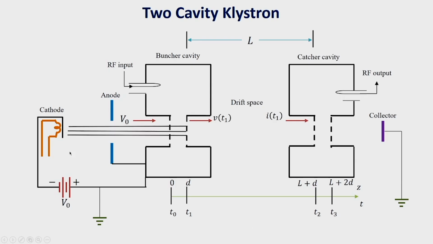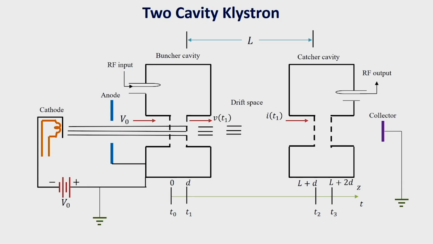The emitted electrons from the cathode come to the buncher cavity, and the RF input applied at the buncher cavity will produce velocity modulation resulting in bunching of electrons.